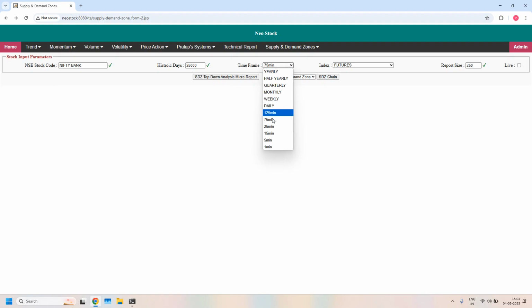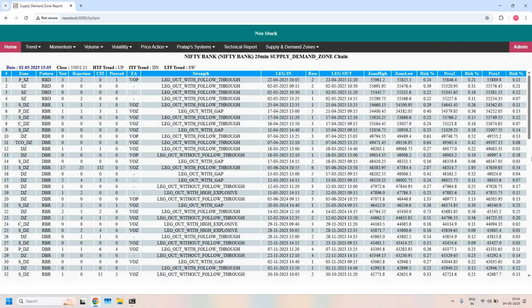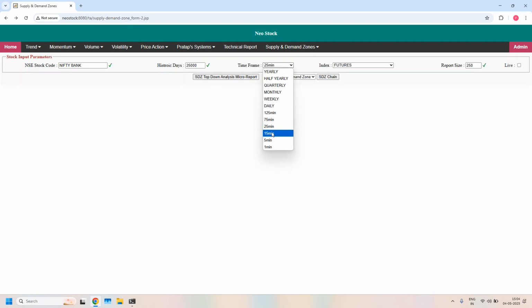Next, generating the 25-minute supply demand zone chain for Bank Nifty. Next, generating the 15-minute supply demand zone chain for Bank Nifty.